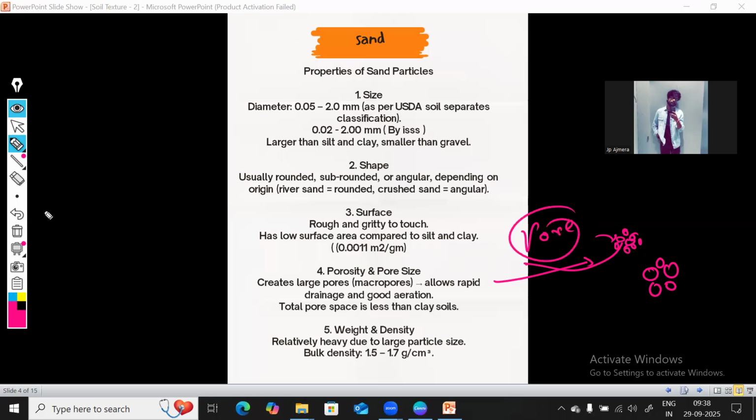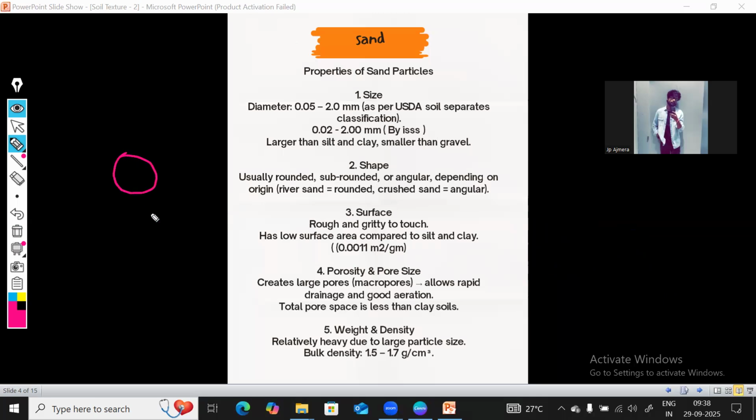Let's go again to the same example of sand, a fixed amount of 5 gram.